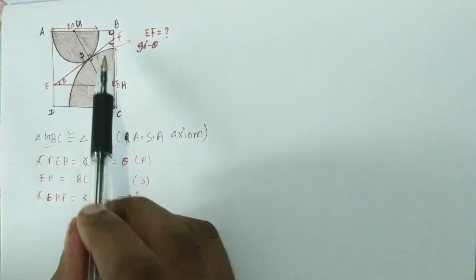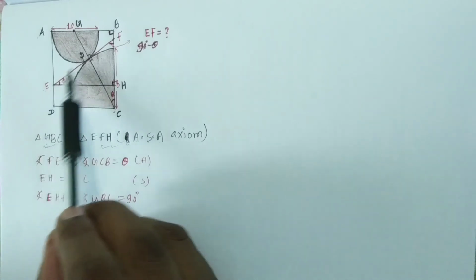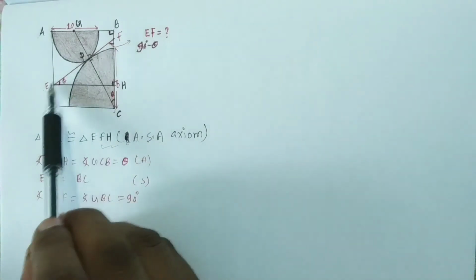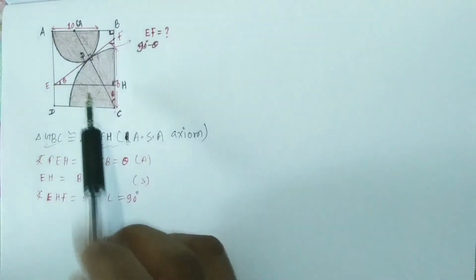Now as we can see here, the corresponding side of EF is GC.